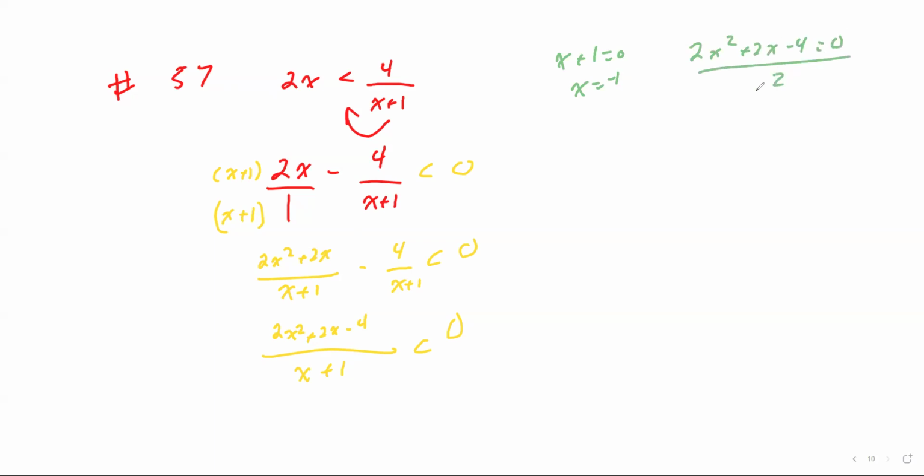If I divide it all by 2, I get x squared plus x minus 2 equals 0. Factor that out, I get x plus 2, x minus 1. That right there, multiply to negative 2, add to 1. So I get x equals negative 2 and x equals 1. These are all possible boundary numbers.